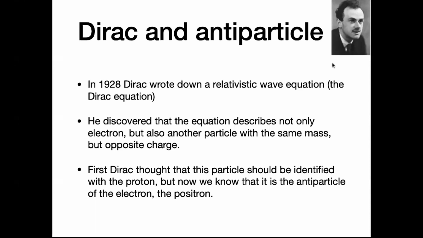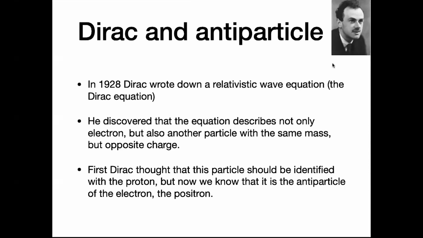Actually, at first Dirac thought that this particle, since it has to have a positive charge, should be identified with the proton, which is the only elementary particle with charge +1 that was known at the time. But soon it became known that this proposal should not work. I think Oppenheimer was one of the people who pointed out that the hole and the electron should have the same mass.